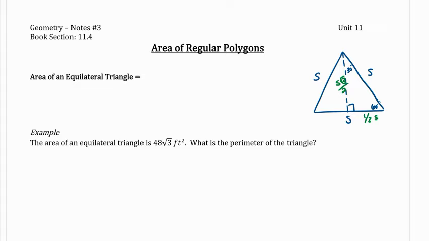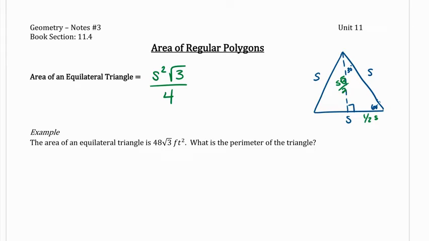So then if I do 1/2 the base, which is S, times the height, which is S radical 3 over 2, then we end up with a formula that is S squared radical 3 over 4. So if you know you have an equilateral triangle, you can also use that formula. You can still use 1/2 base times height, but it's a little bit of a shortcut for equilateral.